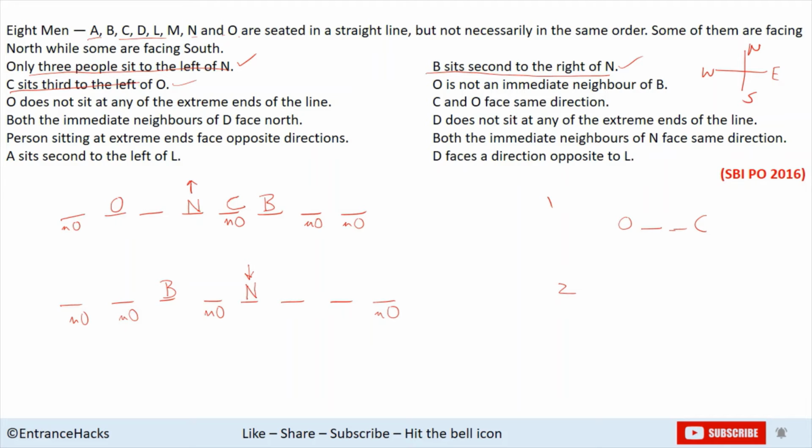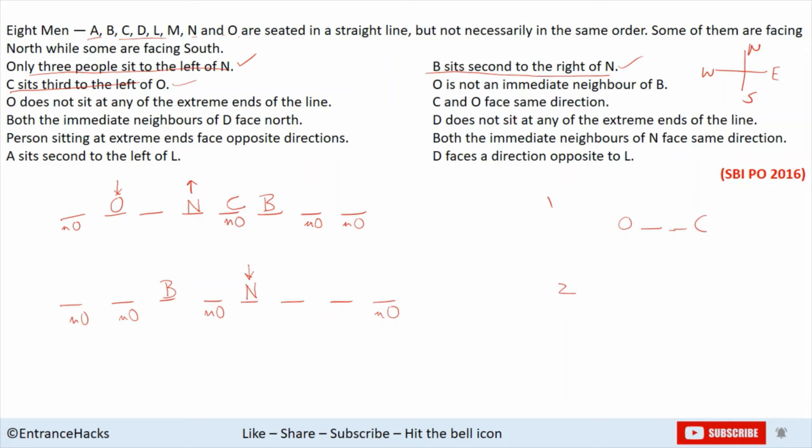But we see in the normal course C is towards the right of O. So we have to reverse the direction to make C third to the left of O. So O would be facing south in this case, right? Similarly in option 2 also, O cannot come here as there is a gap of just 1 to fill this position.